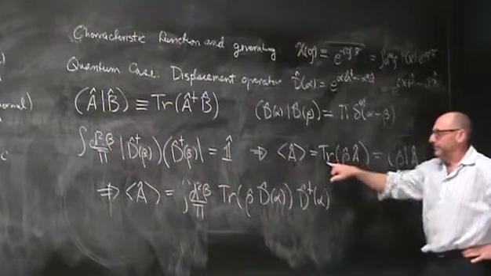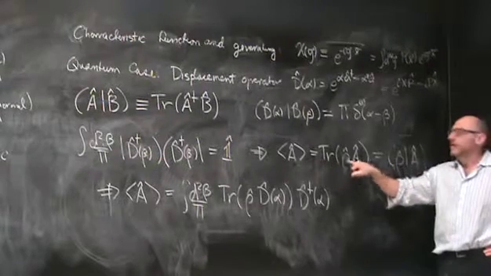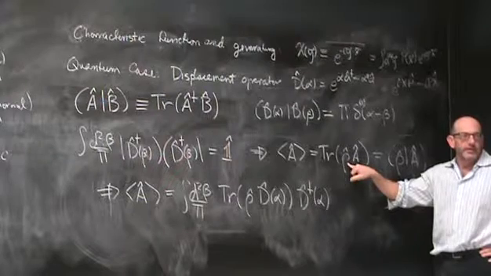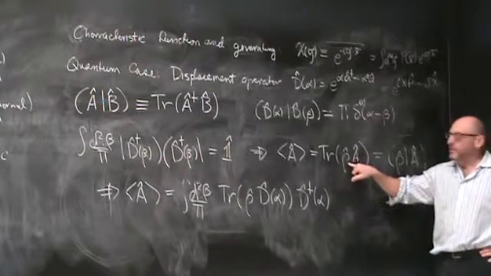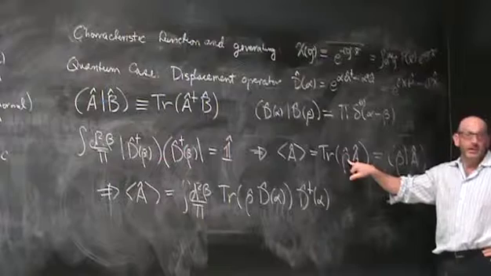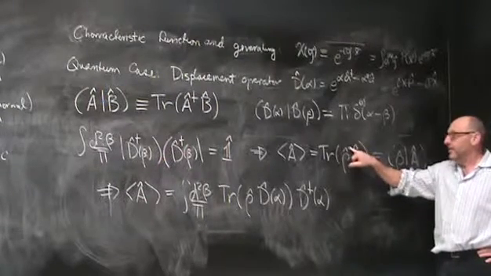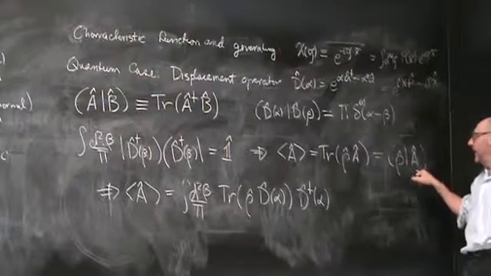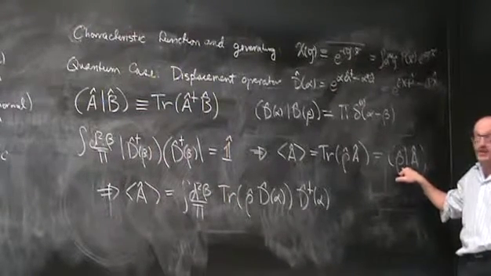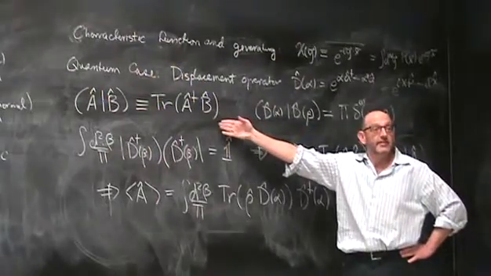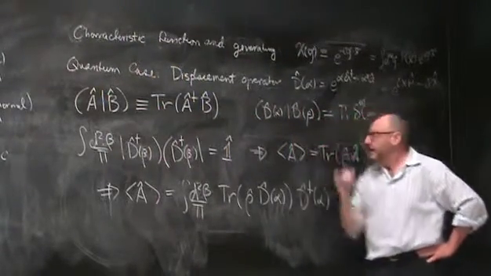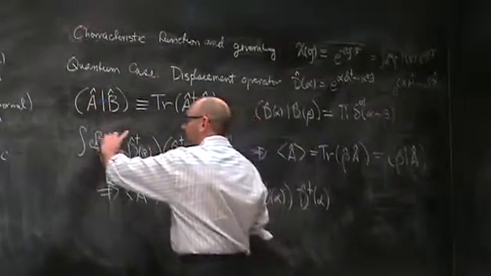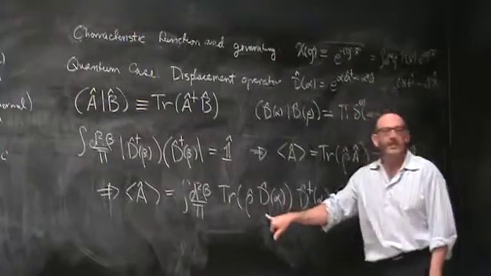Well, that's, by definition, the trace of the observable with the state, the density matrix. And since the density matrix is Hermitian, I could put a dagger there, wouldn't do anything. That's the inner product between A and the density matrix, right? According to this definition of the inner product between operators. So I just tack on rho onto this, and I get this.